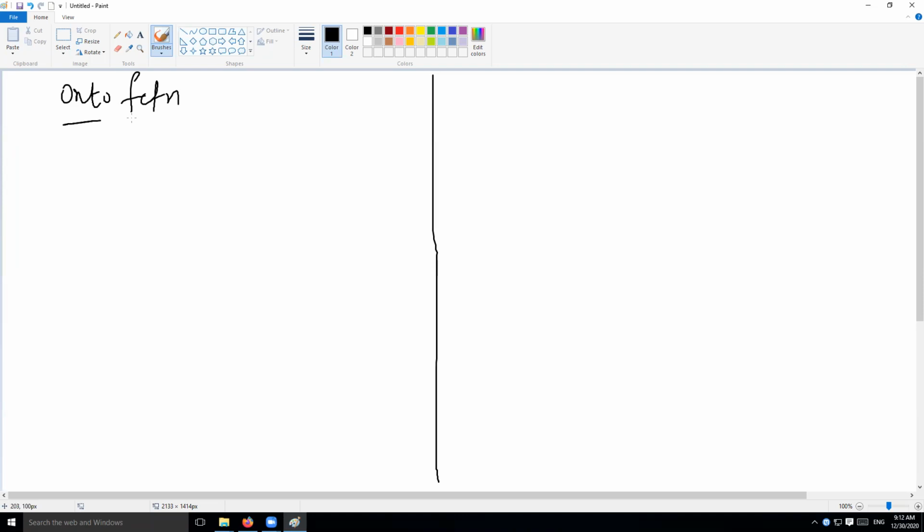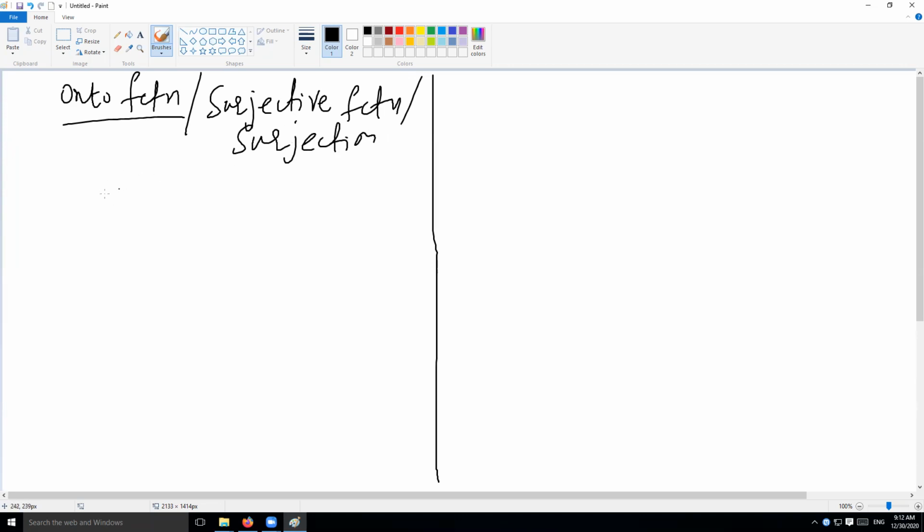Onto function is also sometimes called surjective function, or simply surjection. Okay, all these are names for the onto function. So what is the definition that you have for the onto function? Anyone? When a function is onto.